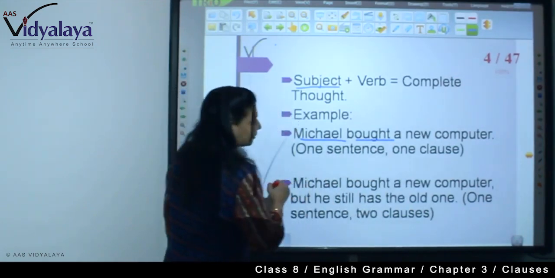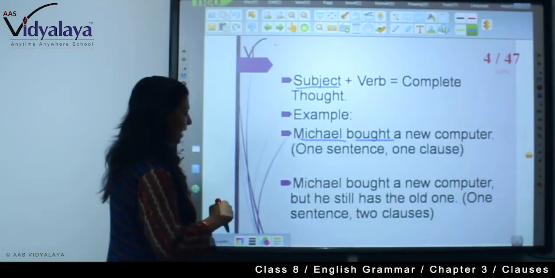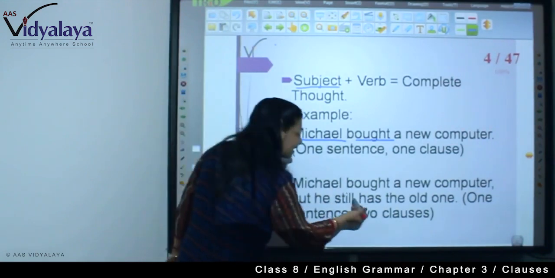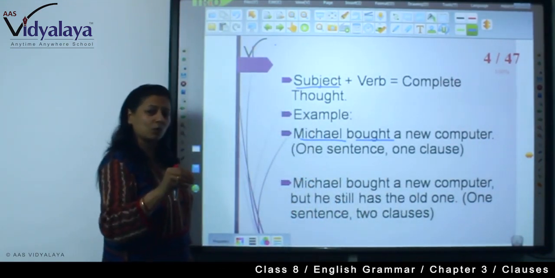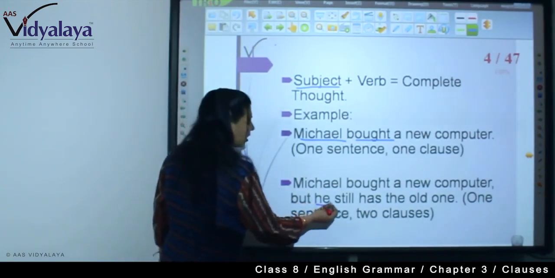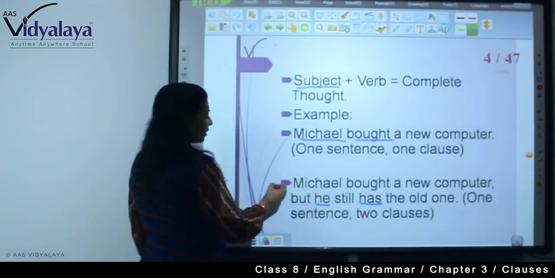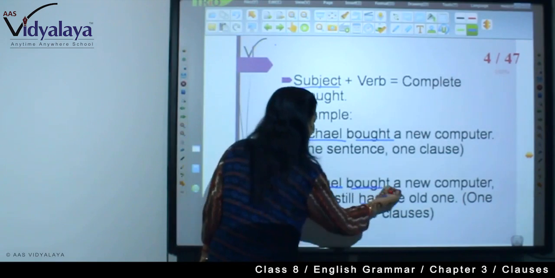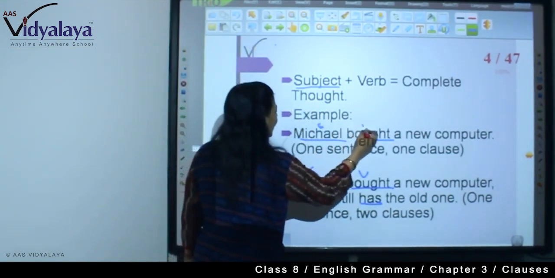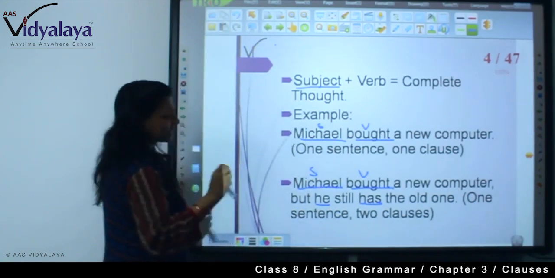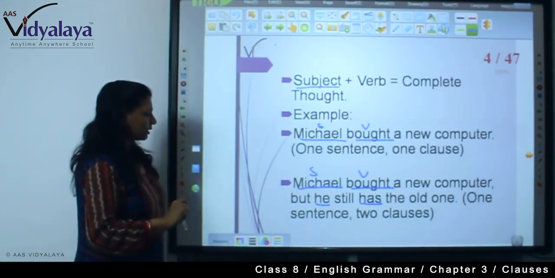Michael bought a new computer, that is one clause. And next, he still has the old one. You are seeing subject he, verb has, and subject Michael, verb bought. Subject and verb, subject and verb. So, it's giving a complete thought.